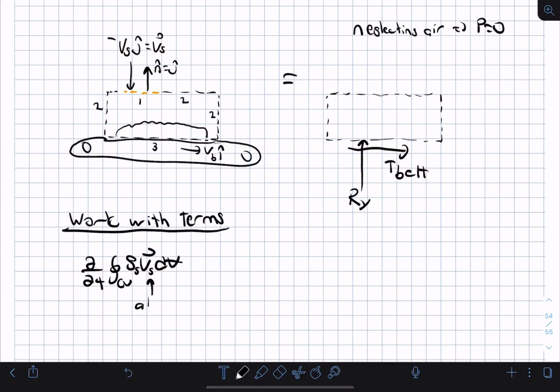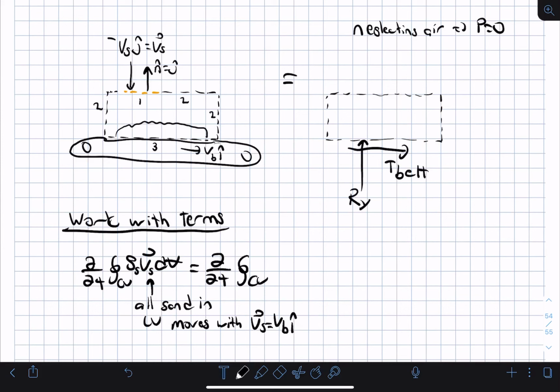So all sand in the CV moves with Vs equals Vb i hat. Okay, and that is uniform. So I'll just work this out here. That's partial t of the volume integral of the density of the sand times Vb i hat dV.